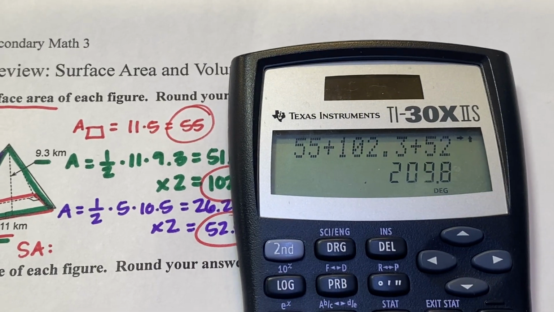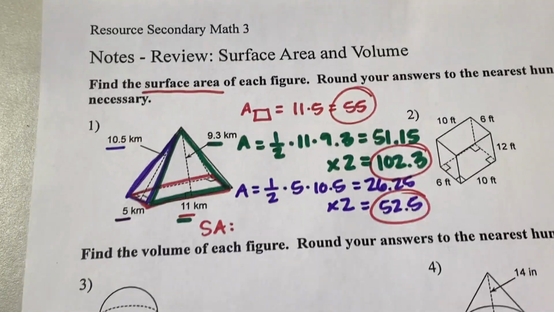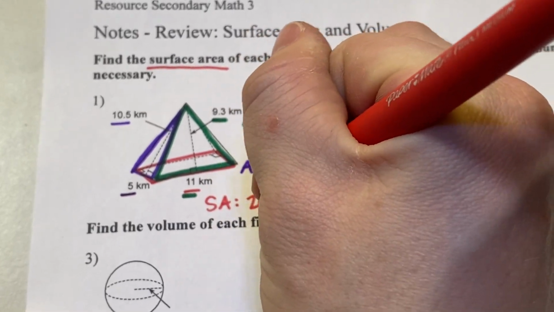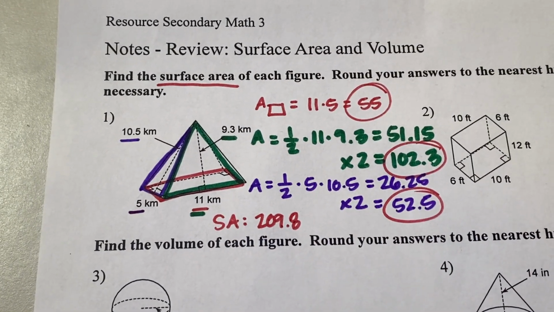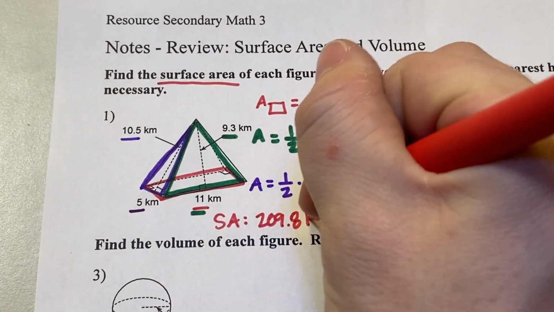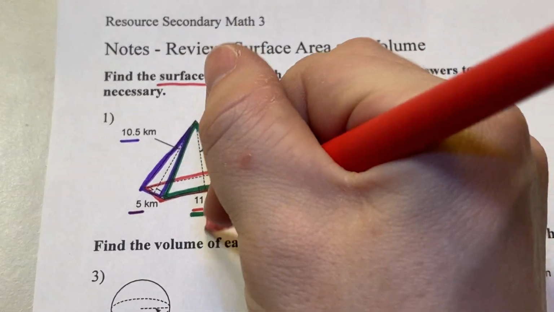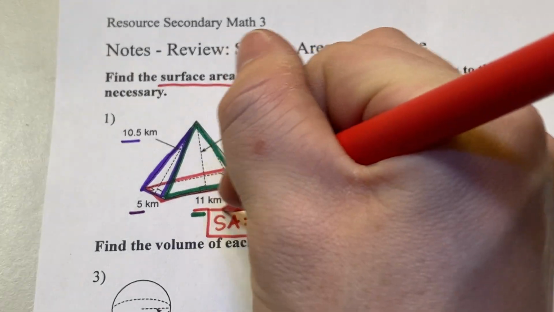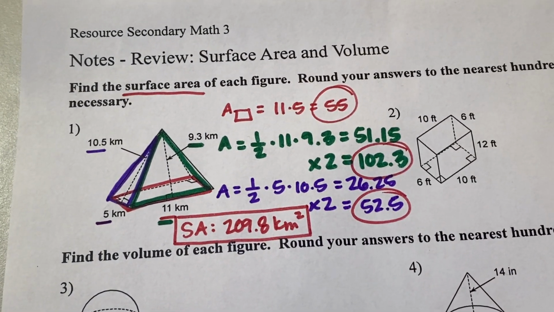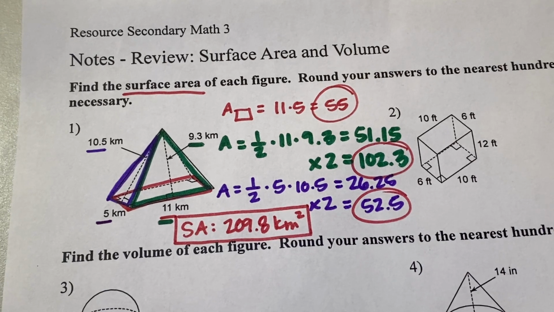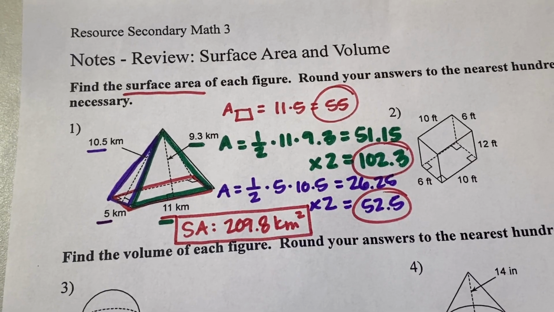Now I get my entire surface area of 209.8. 209.8 what though? Talking about area. Kilometers squared. Nice. I wrote an A instead of a 2. I was like, that doesn't look right. Maybe because it's not. Beautiful. So remember, surface area, find all the areas of the sides, add them all up.